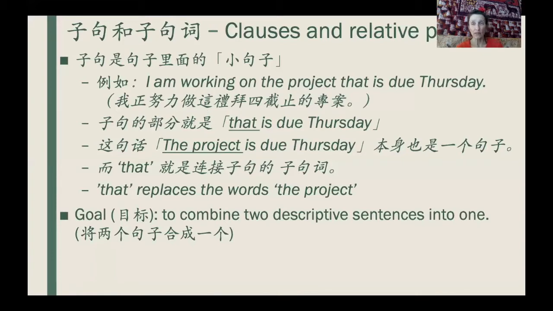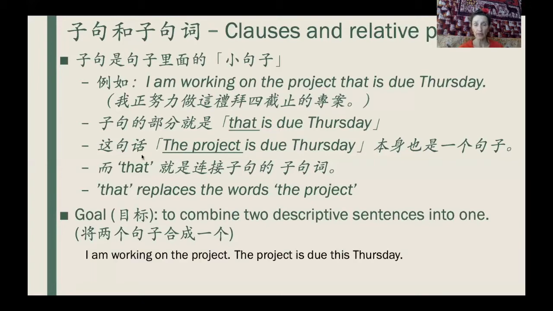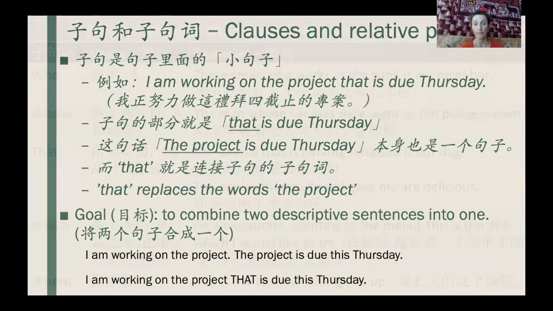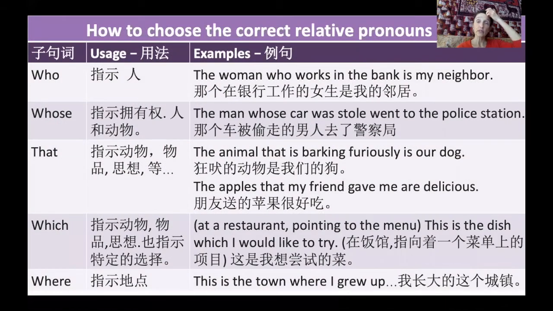All right, let's go on and look at some other material. I'm working on the project. The project is due Thursday. So you don't repeat the word project. You replace the word 取代了 project with the word that. Here you go. I'm working on the project that is due Thursday.